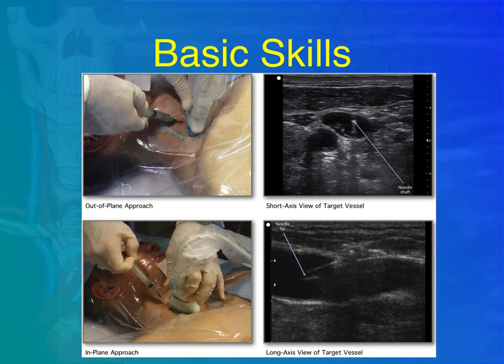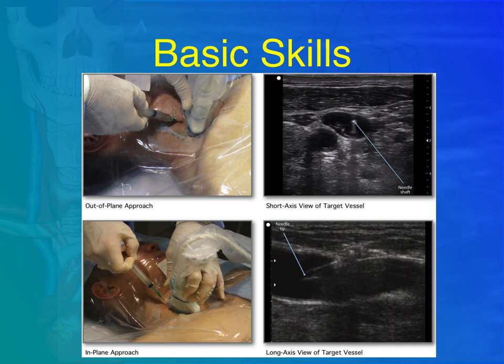So here we see how the ultrasound helps to visualize the vessel and the needle. Please see how the operator used the dexterous hand to operate the needle and the non-dexterous hand to operate the ultrasound. In both instances, you should be able to see the needle.